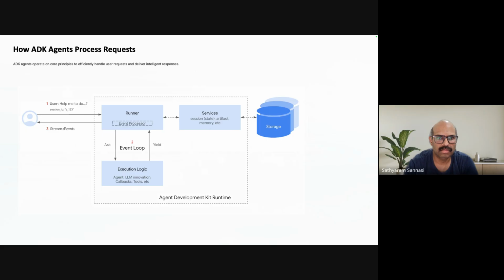To maintain the state of the session, it can even write into storage. For example, if you are going to Gemini on your mobile phone, all the data and conversations are still there, and you can go back and use that. That, I would say, is state.